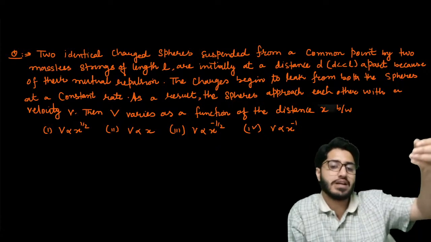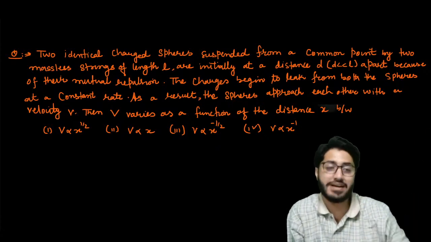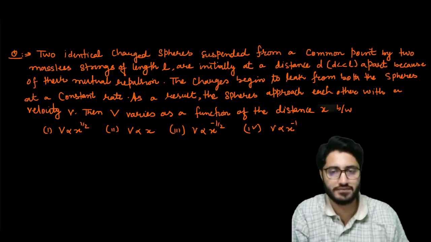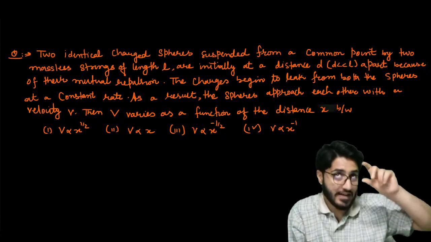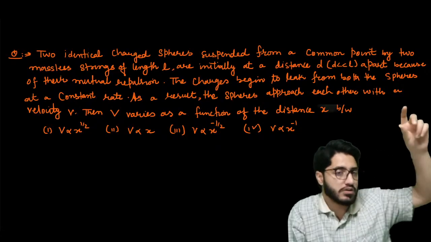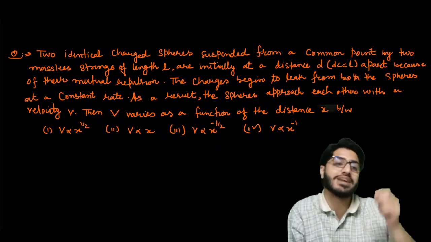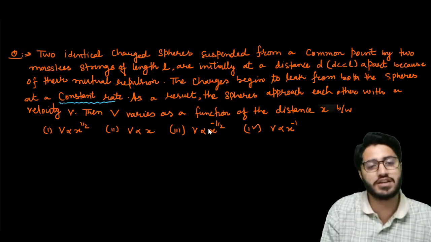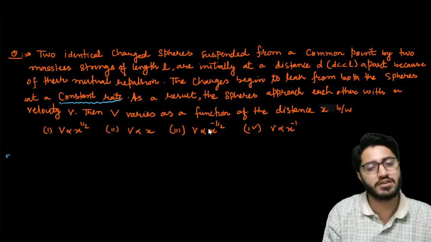There will be a leakage of the charge, but the leakage of charge, that is dq by dt, is constant. Charge leakage means my q is changing with respect to time, but at a constant rate.